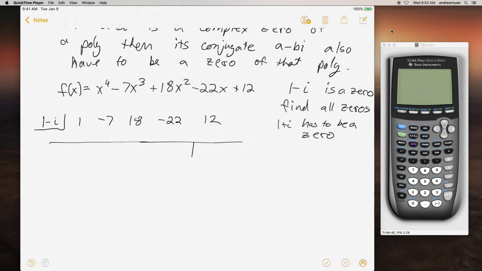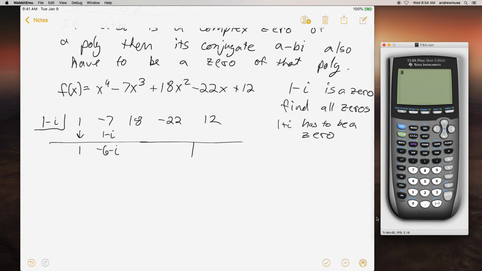Okay, now let me show you something cool with the calculator here. If we hit mode on our calculator and scroll down here, we can change it to complex mode. So now, if I go to multiply these complex numbers, it's a whole lot easier with the calculator. So if I bring the 1 down and then 1 minus i over here, add just the real parts, it's going to be negative 6 minus i.